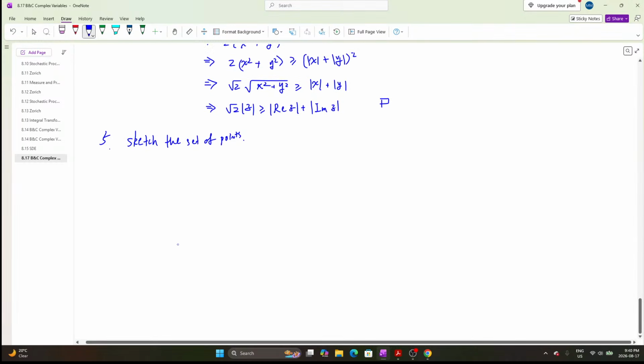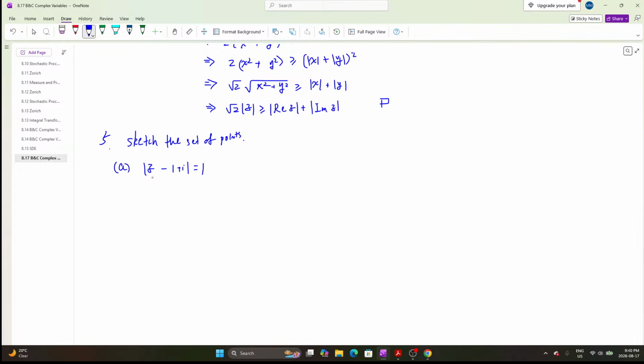Okay, so let's do the sketch of points. So now you have 3 equalities and inequalities, and we wish to represent those as a set of points on the complex plane. So part A is this. You have the modulus of z minus 1 plus i equals 1. So what does it say?